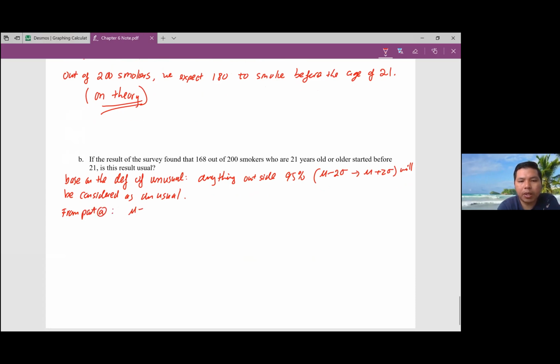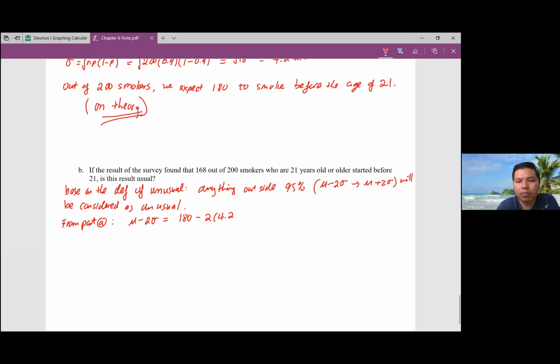mu minus 2 sigma is equal to 180 minus 2 times 4.2426. We expect to get 171.5148. And then mu plus 2 sigma will be 180 plus 2 times 4.2426.